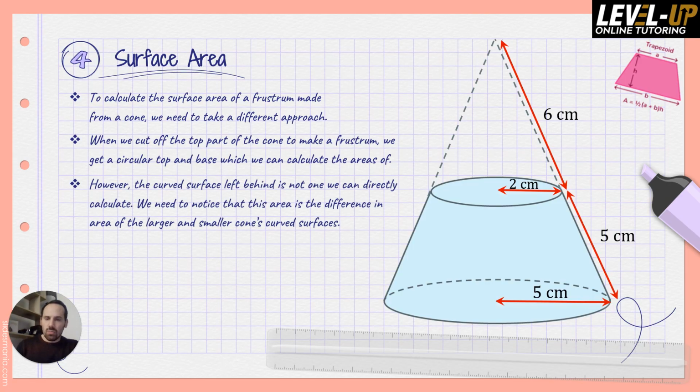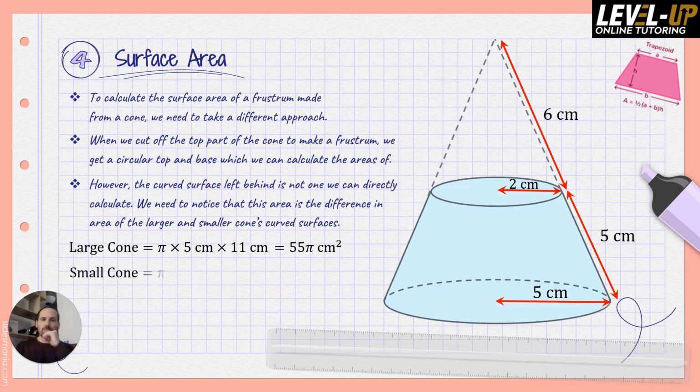So if we find the difference between those curved areas, which we just found is pi times r times the slant height. For the big cone, including that missing bit, the slant height is 11 and the base radius is 5. So we've got pi times 5 times 11, which gets us 55 pi centimeters squared.